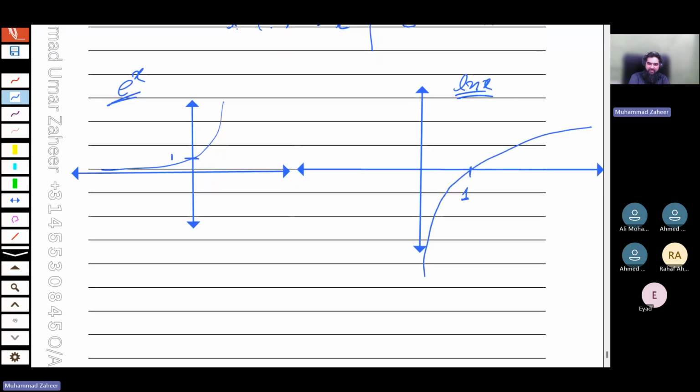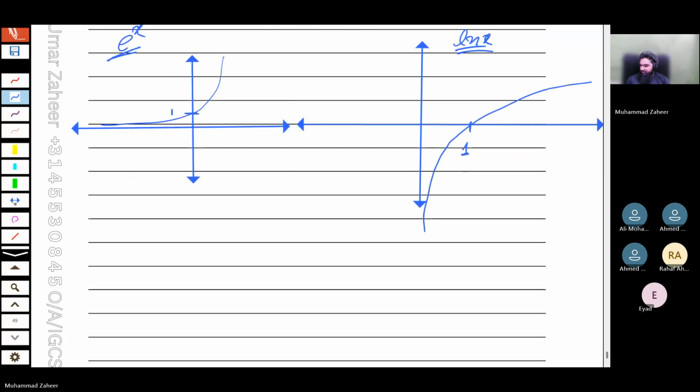Yes, everyone, can you see any relation between the graphs? Both don't touch one of the axes.